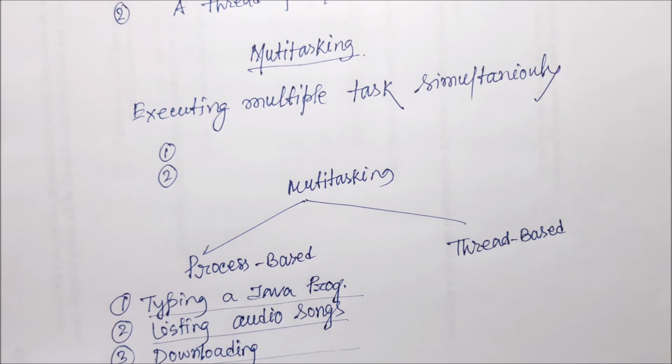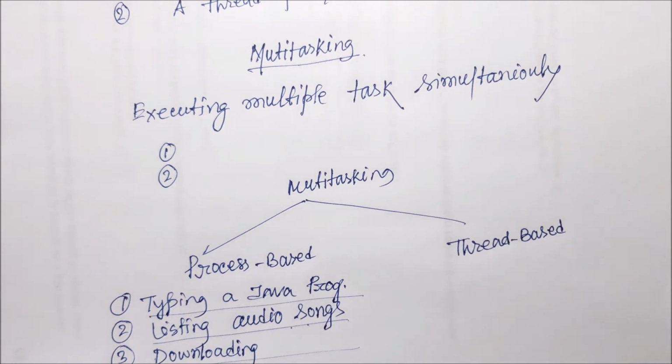All three tasks are done simultaneously, but they do not depend on each other. The first task does not depend on the second one, and the second task is not related to the third task.